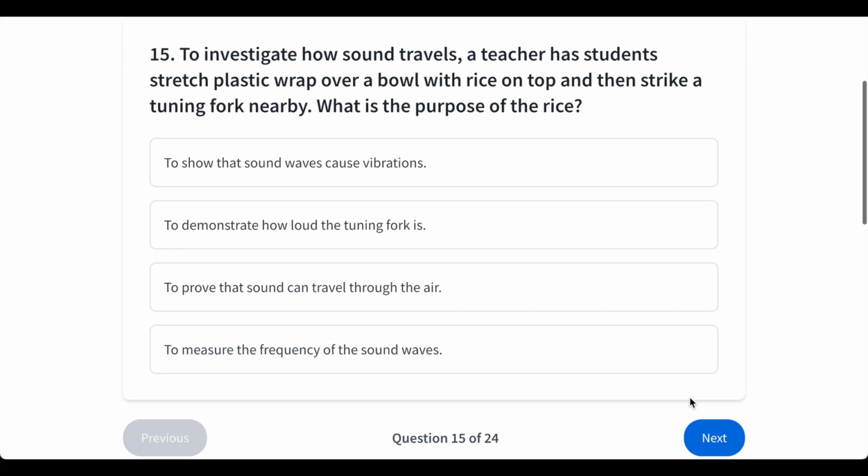Moving to question number 15, this one asks, to investigate how sound travels, a teacher has students stretch plastic wrap over a bowl with rice on top and then strike a tuning fork nearby. What is the purpose of the rice?